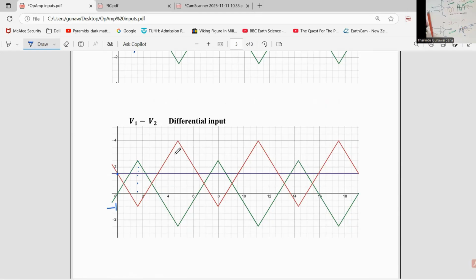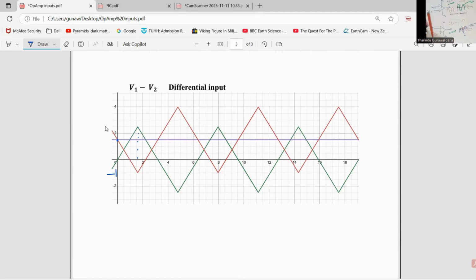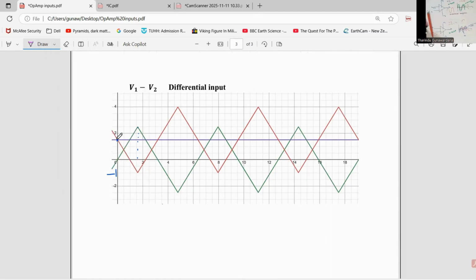Similarly, you can find out other values quickly. This red color line represents the differential input. Then this op-amp is going to amplify this differential input. Then this would be the output. The output will be like this. 0 is 0.